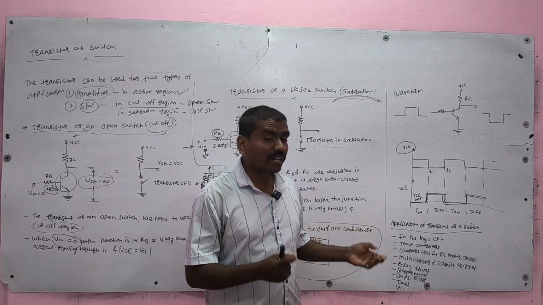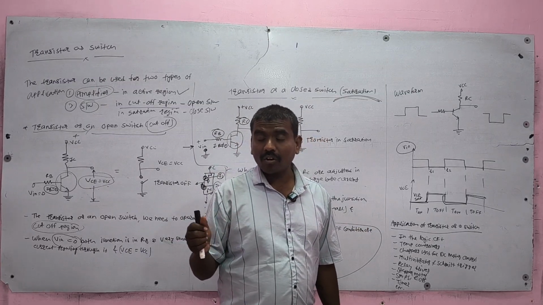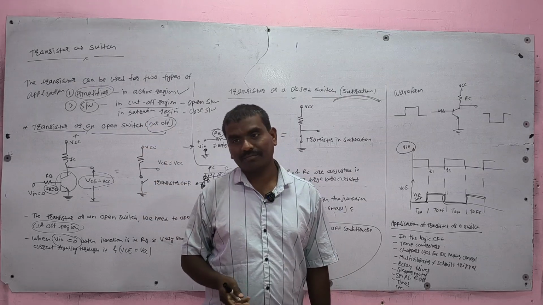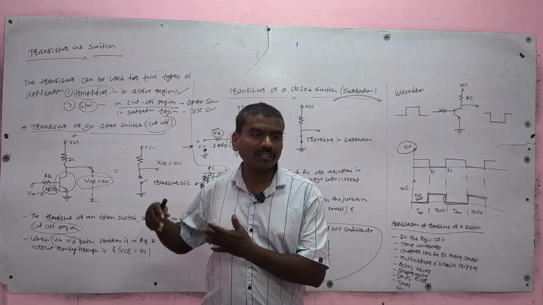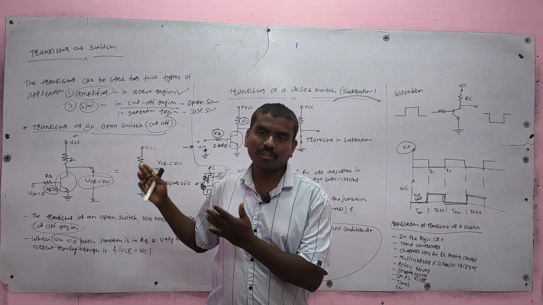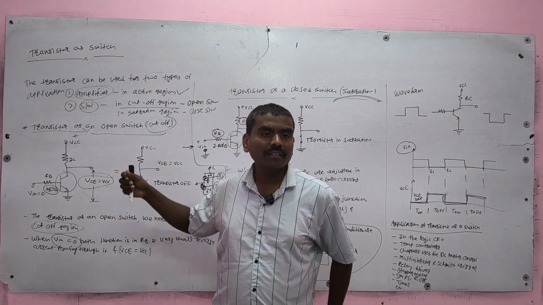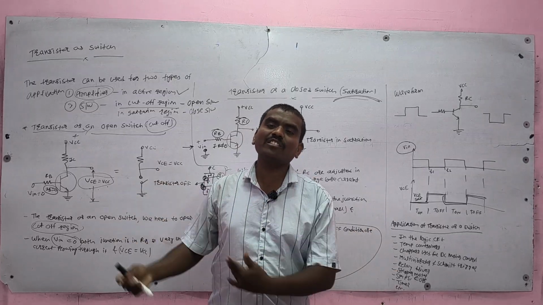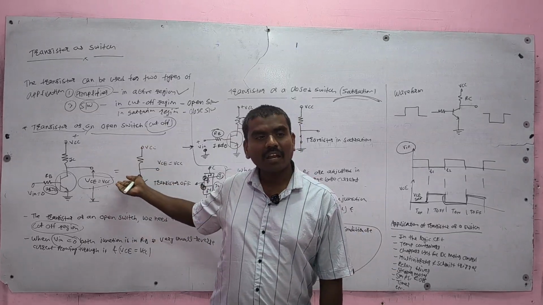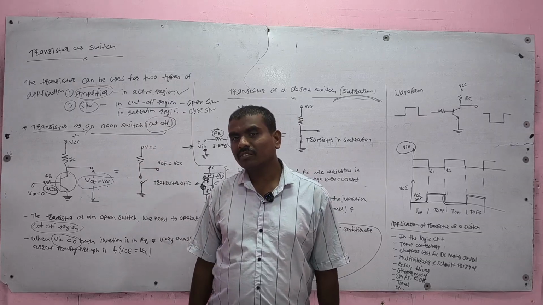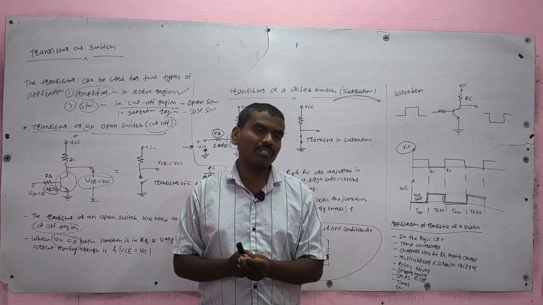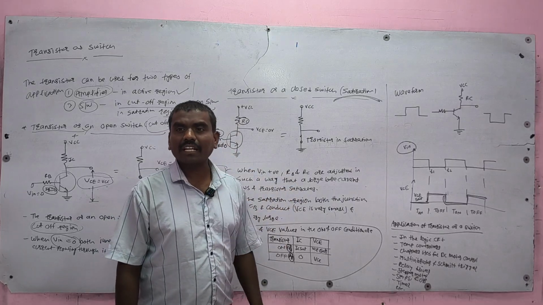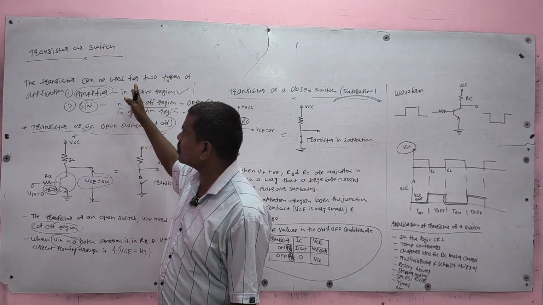In this way we can make the transistor act as a switch. If you want to turn on the supply, it operates in the saturation region. If you want to turn off the supply, the transistor acts in the cutoff region. So like a conventional switch, it can turn the supply on and off. That's why a transistor may act as a switch.